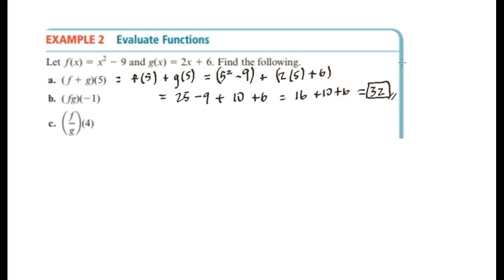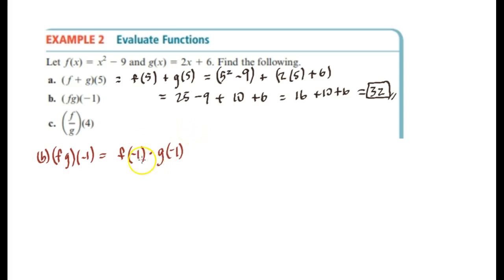Now let's look at B. For B, we're looking at f of g of negative 1. Similarly to addition, the first step, you just apply the algebra function definition, and for multiplication, we can separate it like this.